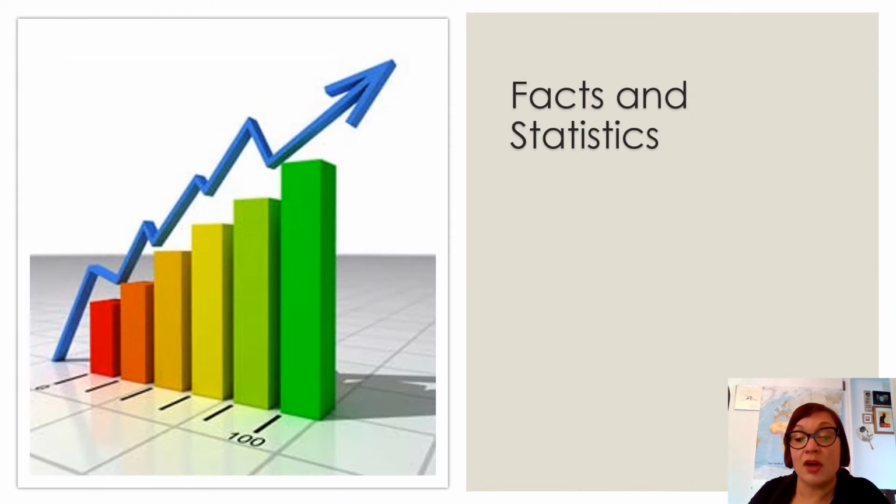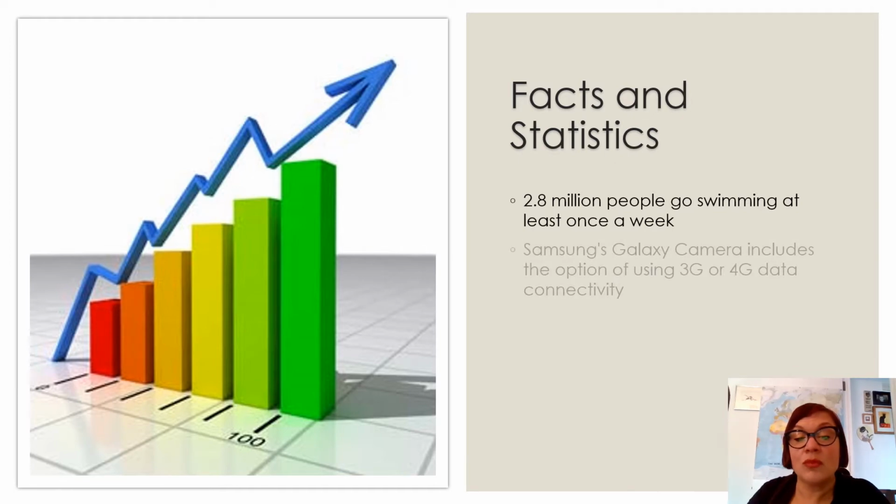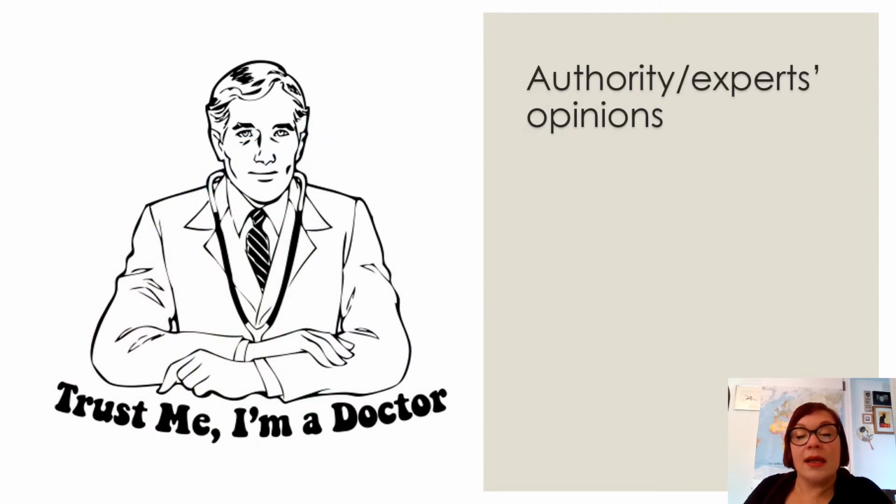So here are examples of facts and statistics of how you will see it in the text, right? 2.8 million people, blah, blah, blah. Samsung Galaxy's camera includes the option of 3G or 4G data, so fact, yeah. And then authority or experts' opinions.